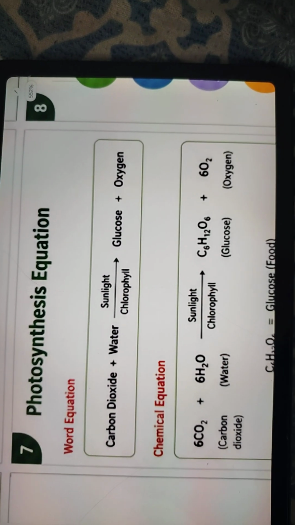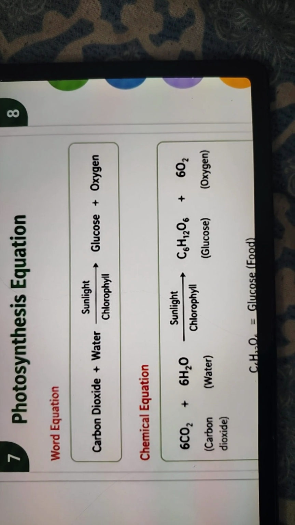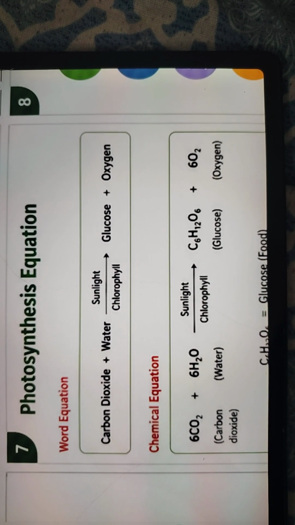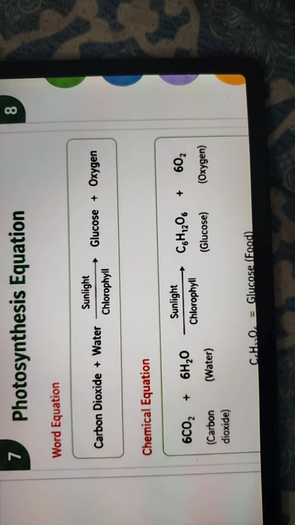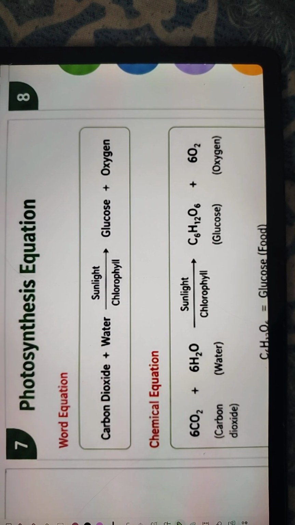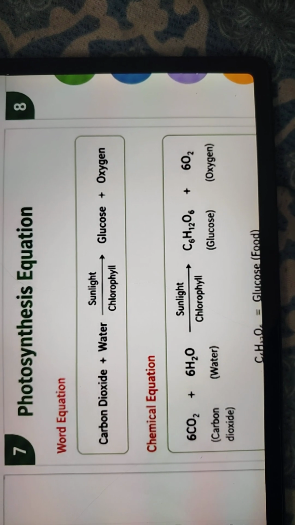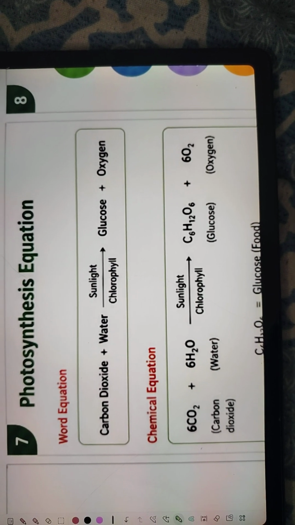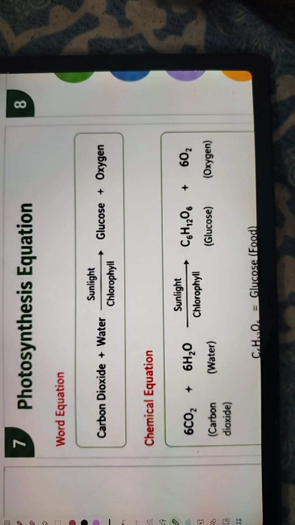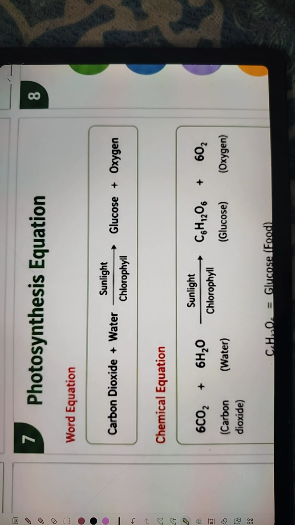So I'll tell you the equation of photosynthesis, that is carbon dioxide plus water, with the help of sunlight and chlorophyll, gives glucose plus oxygen. So the chemical equation will be: carbon dioxide is CO2.